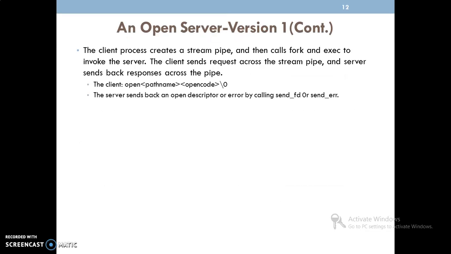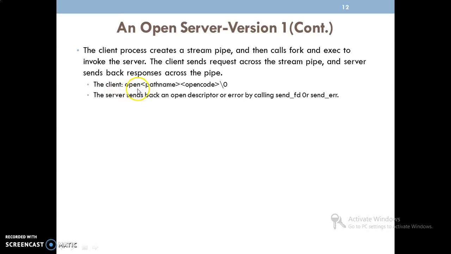The other clients do not have any privilege, they just want to access the information here. Next, the process creates the stream pipe, and it has one simple structure, just as I am explaining here. The client sends the request across the stream pipe and the server sends back a response across the pipe. One thing we want to keep in mind, again in this concept we are using stream pipes between client and server.